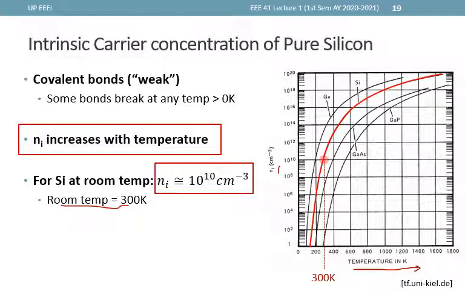You'll need to look back into this plot, or use some models, or the Ni might be given in cases where the temperature is not 300 kelvins. Also, note that different materials will have different intrinsic carrier concentrations even at the same temperature. We'll know later on what material properties actually affect this intrinsic carrier concentration.